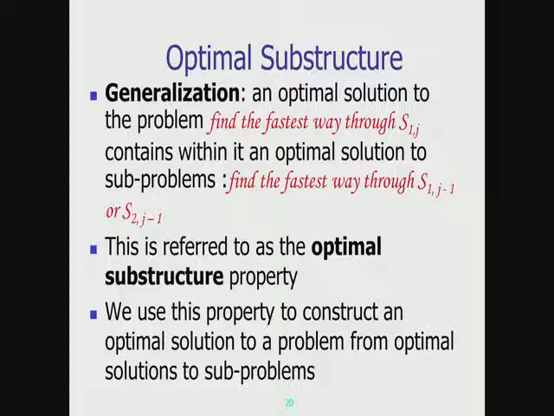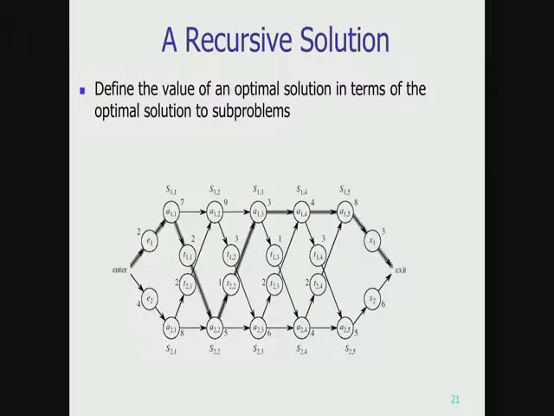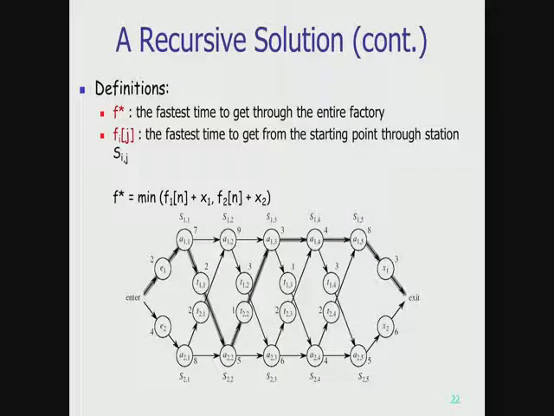It is this property that is used to write down the recurrence for the length of the shortest path from S to T or the fastest path from S to T. So what we are going to do now, which is the second step in the process of dynamic programming, is to write down the optimal solution in terms of the optimal solutions to sub-problems.